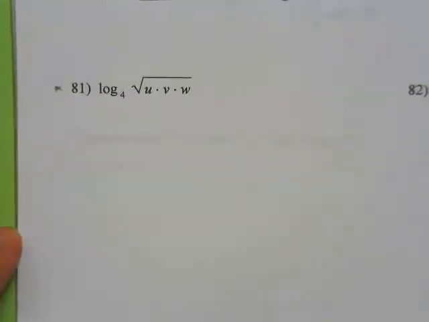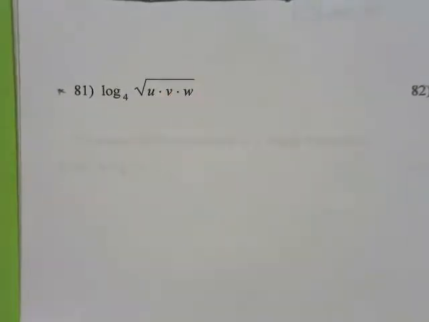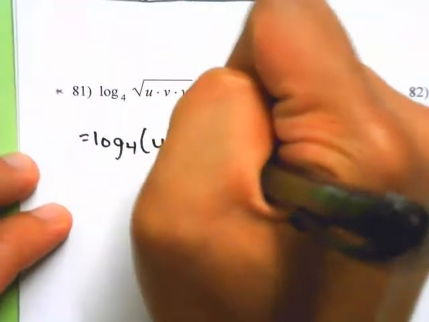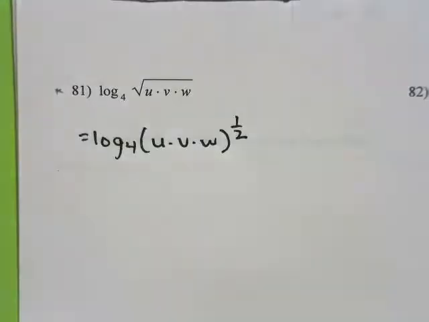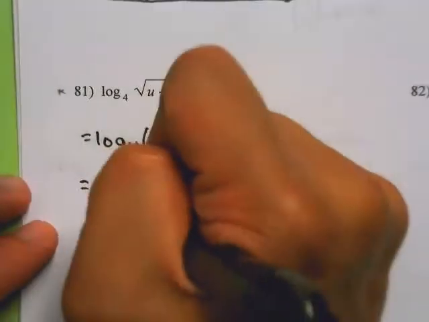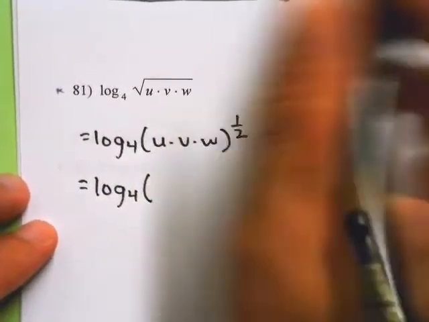Let's do another one together, 81. Okay. What I want to do is rewrite that square root into a power, and then the exponent is going to be a fraction. So log base 4 of u times v times w, to the 1/2. And then each one can be raised to the power of 1/2.